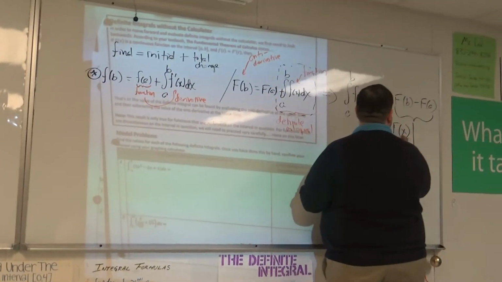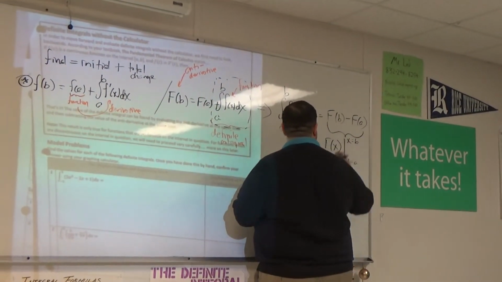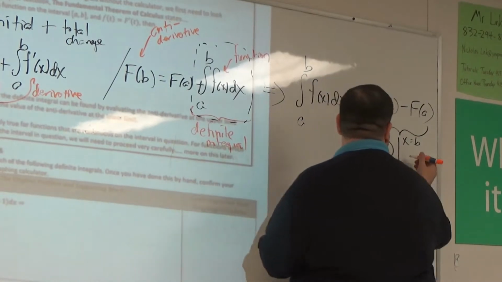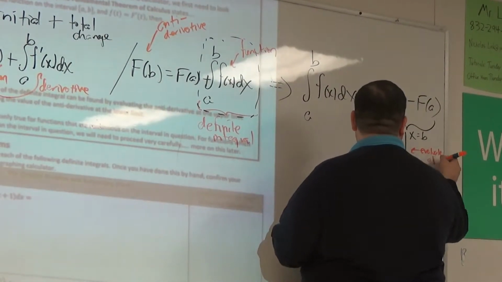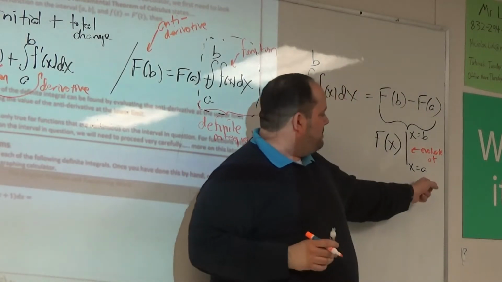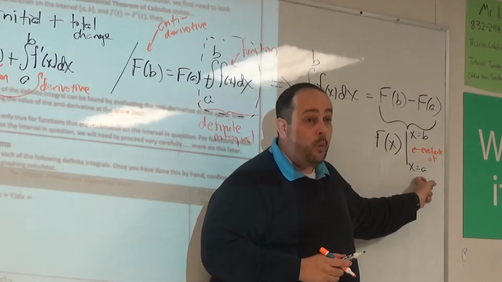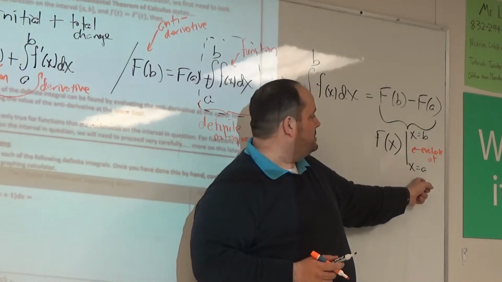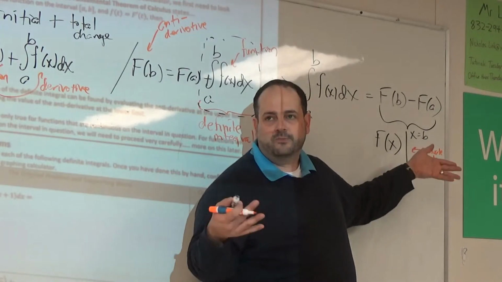We are evaluating big F at x equals a and x equals b. Up until today, whenever we've done the vertical bar, it's evaluate at one point. Now what we're saying is evaluate at the top number, evaluate at the bottom, subtract the two.